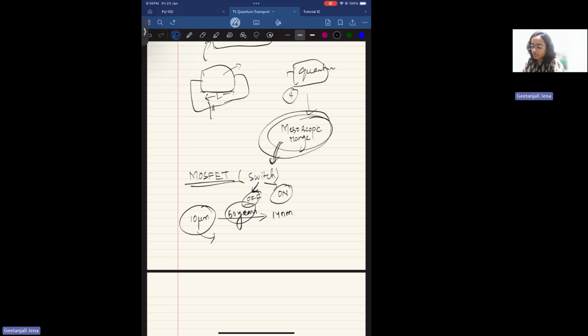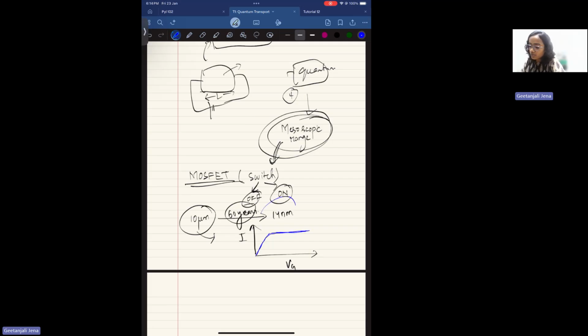For 10 micrometers, if you see the IV characteristics, if you plot the gate voltage versus the drain current, then typically when you increase the gate voltage, the current increases linearly. After a certain gate voltage, it reaches a saturation value. This is the ideal IV characteristic curve.